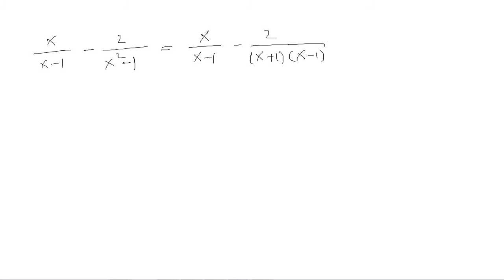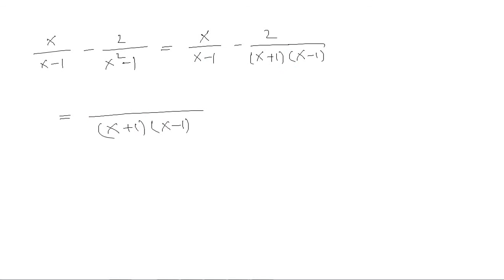Okay, so if you use the formula that we talked about, you can always get the right answer using that formula, but here it would be easier to find a least common denominator. And the least common denominator between this denominator and this denominator is x plus 1 times x minus 1.